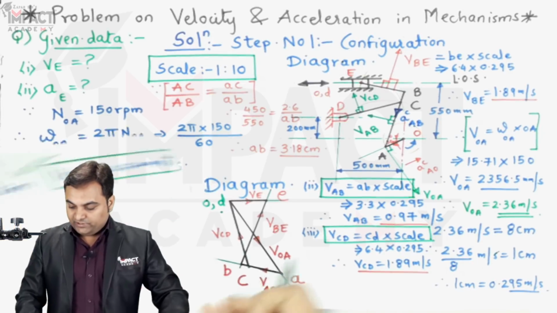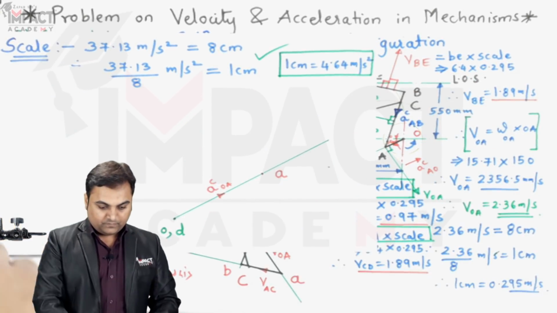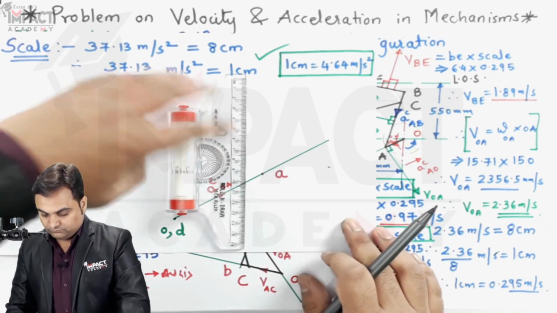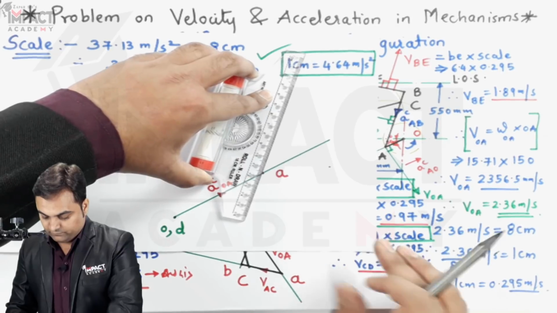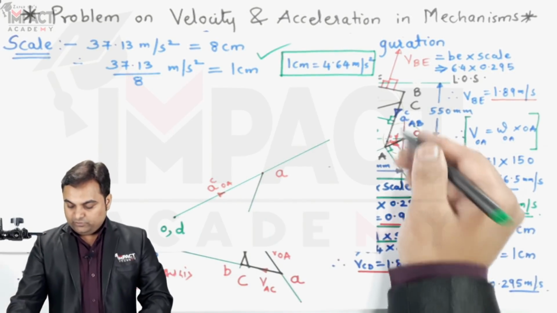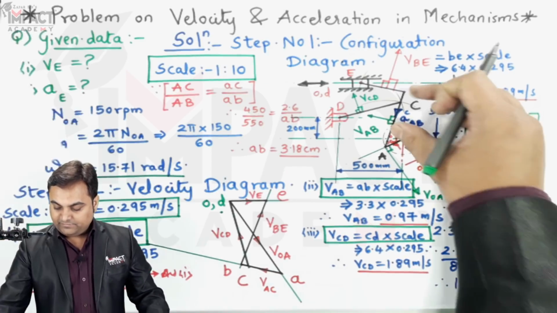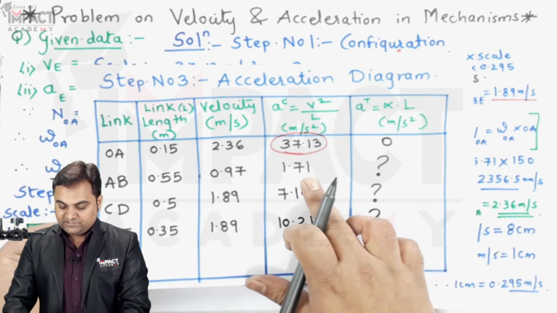So the next thing would be drawing a line parallel to link AB. It would be pointing in the downward direction because here we know the direction, and at the same time the magnitude is known to us. It is 1.71.